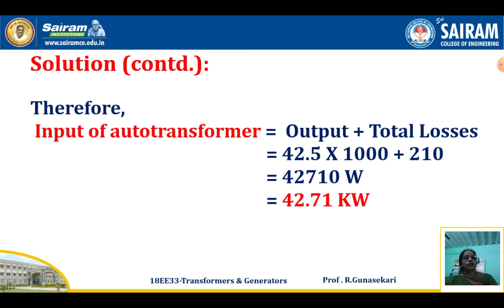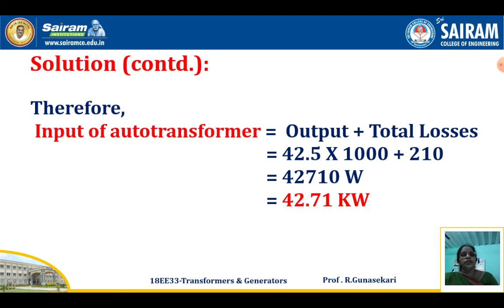We already calculated the output. The output in watts, 42.5 kilowatts converted into watts, is 42.5 into 10 to the power 3, plus total loss 210, so we get 42,710 watts. Watts converted into kilowatts, divided by 1000, we get 42.71 kilowatts.